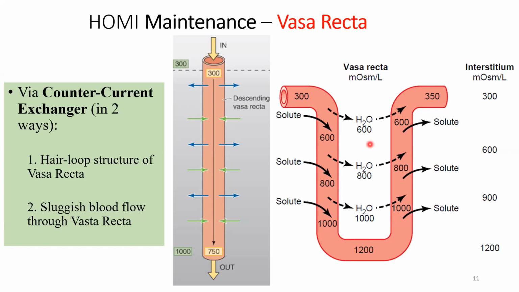Okay, so the vasa recta does both. It has got the stirring effect, and then it picks off your extra top up of salt so that you don't have any untoward issue in your interstitium. Okay, and the sluggish flow we discussed, it needs to be sluggish so that it doesn't run off with a lot of solute. That's that.